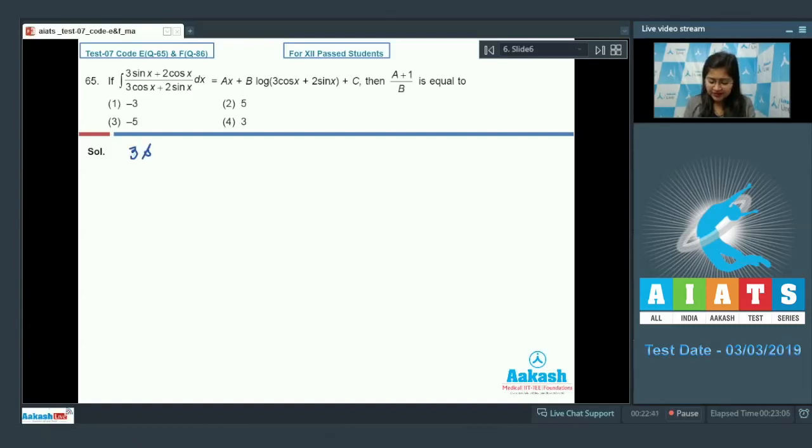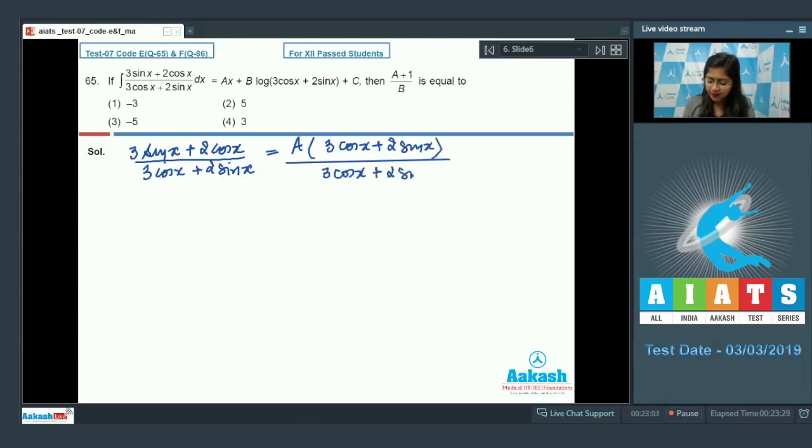What we do here is, let us write (3 sin x plus 2 cos x) upon (3 cos x plus 2 sin x) equal to a into (3 cos x plus 2 sin x) upon (3 cos x plus 2 sin x) plus b times the differentiation of the denominator.